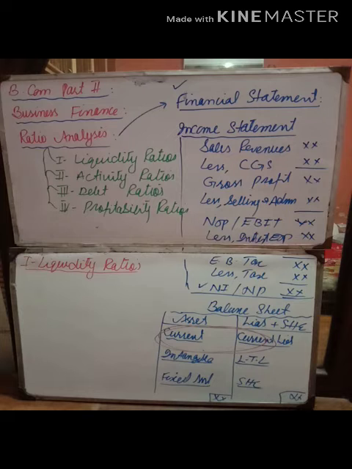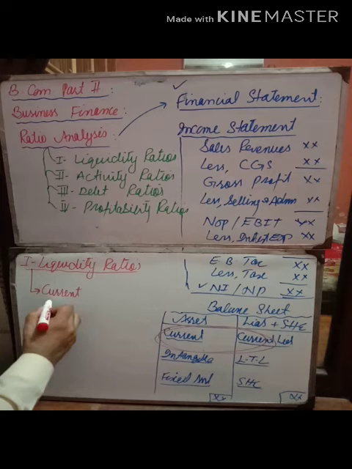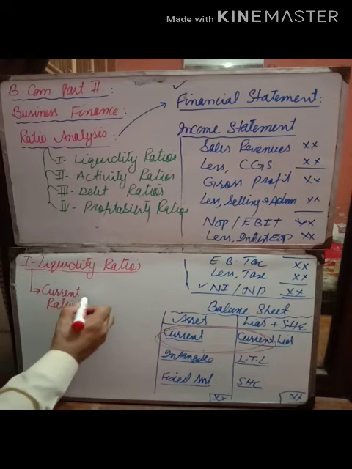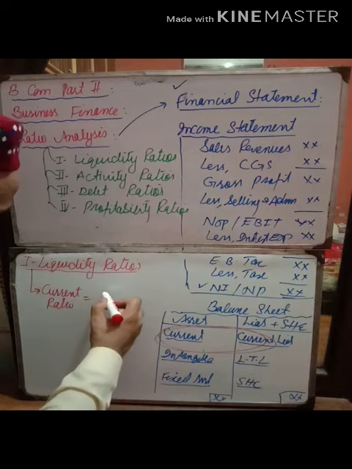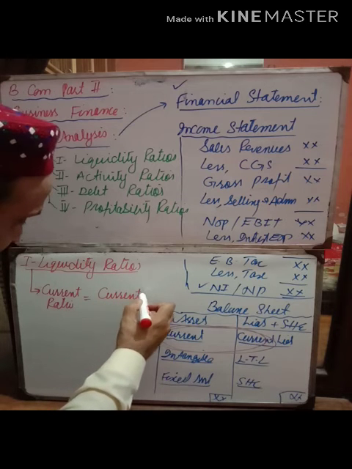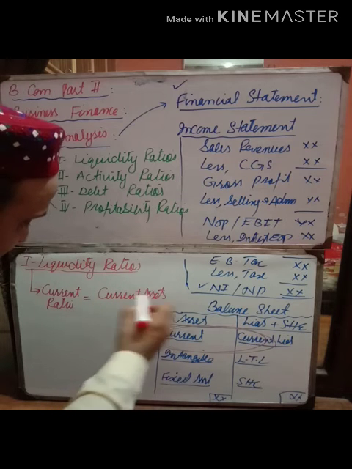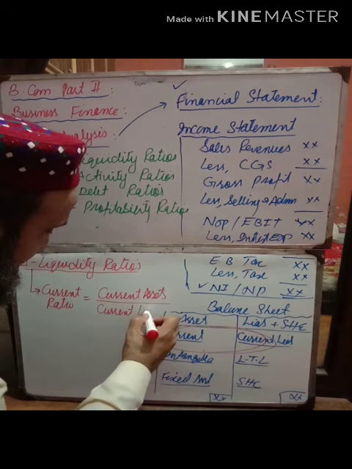So under liquidity ratios, we can calculate the current ratio. Current ratio may be calculated as total current assets divided by total current liabilities.